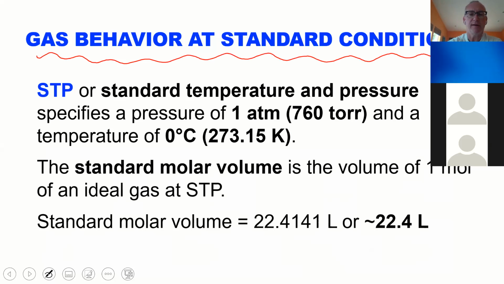The standard conditions are 1 atmosphere of pressure, that makes sense, because atmospheric pressure is usually around 760 torr. Anyone remember what 1 torr is equal to?